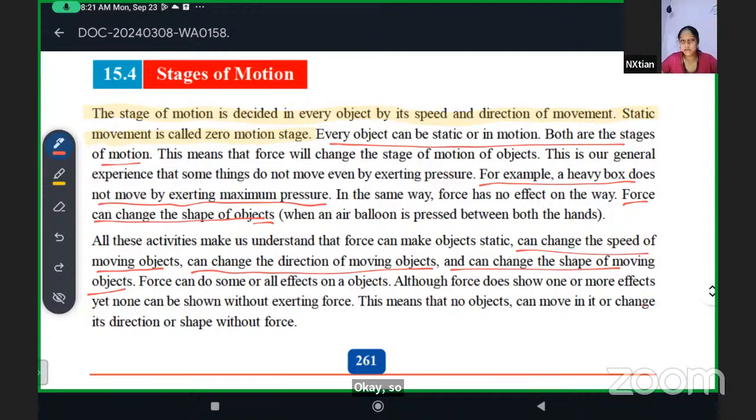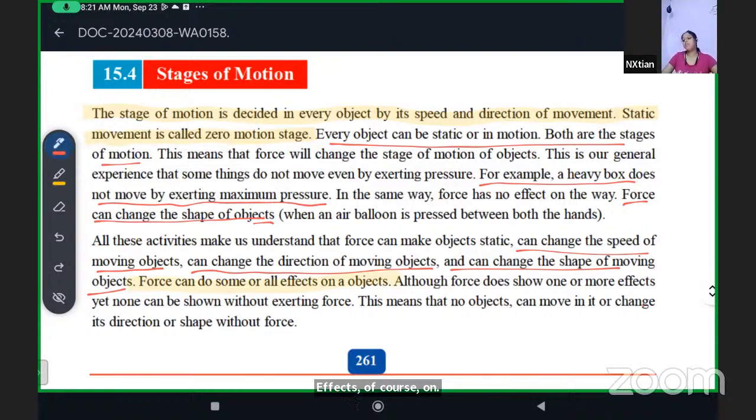Force can have some or all of these effects on an object when it is applied. These are the effects of force on objects.